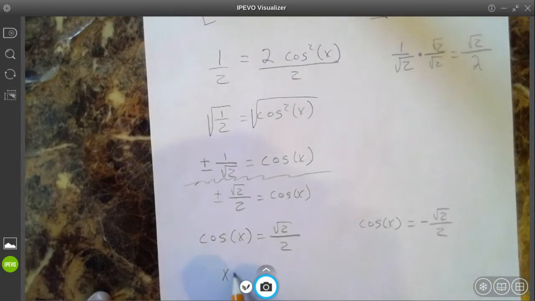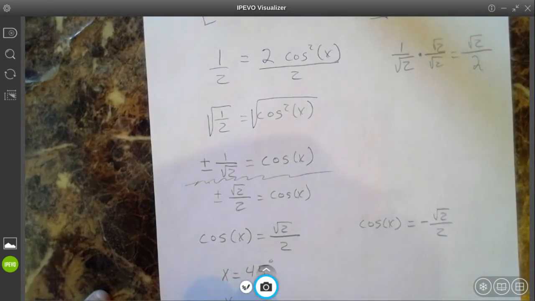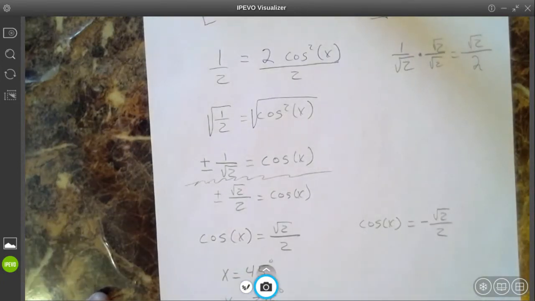So here, x is equal to 45 degrees, but it's also equal to positive root 2 over 2 in the 4th quadrant. The 4th quadrant angle for that, I'm pretty sure it's 315 degrees. You want to use that special angles chart to get that. But yeah, 360 minus 45 is that.